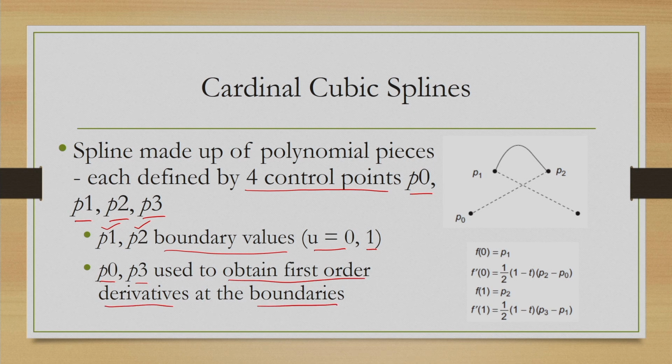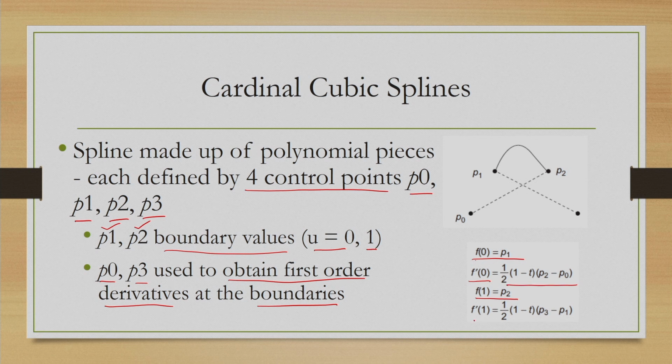How? Look at this system of equations here. This is the P1 control point, which is the function value at 0. This is the P2 control point, which is the function value at u equal to 1. Now, the first order derivative at u equal to 0 can be obtained using this equation.